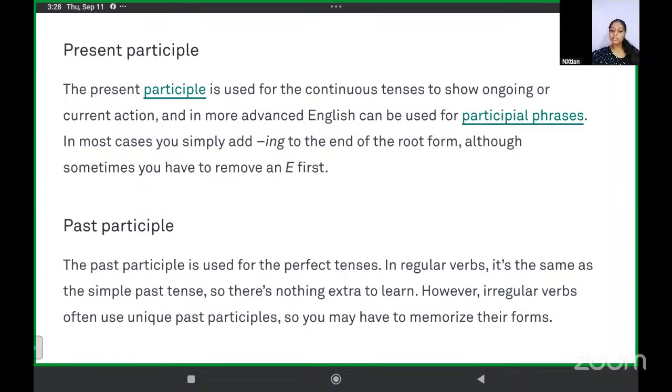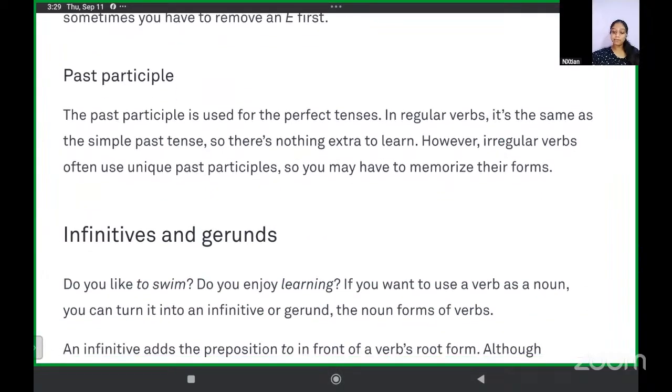Present participle is used for the continuous tenses to show ongoing or current action, and in more advanced English can be used for participial phrases. We did this. We just put ing here. Past participle. The past participle is used for the perfect tenses. In regular verbs, it is the same as the simple past tense, so there is nothing extra to learn.